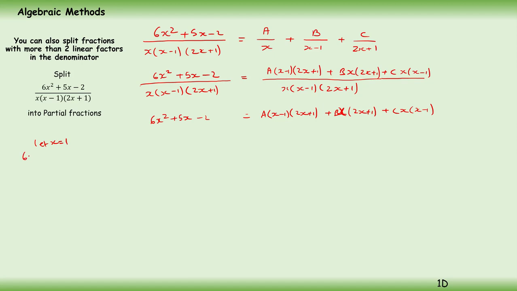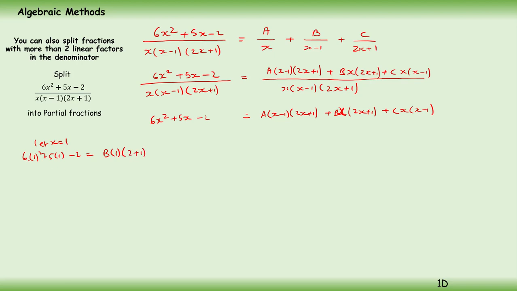right here 6 times 1 squared plus 5 times 1 minus 2 is equal to, that term disappears and that term disappears because 1 minus 1 is 0. So I'm left with b times 1 times 2 plus 1, because it's 2 times 1.